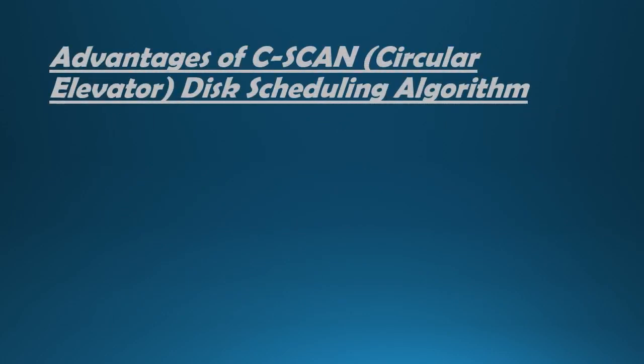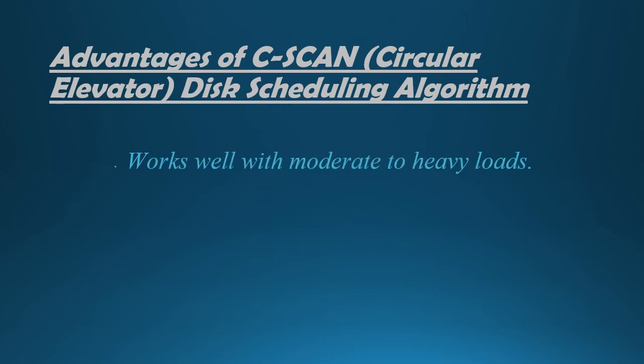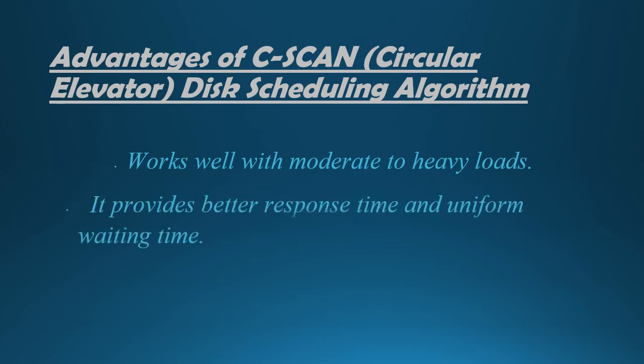Advantages of the C-SCAN circular elevator disk scheduling algorithm: it works well with moderate to heavy loads. It provides better response time and uniform waiting time. And there are other advantages. The C-SCAN algorithm is the successor and the improved version of the SCAN scheduling algorithm.